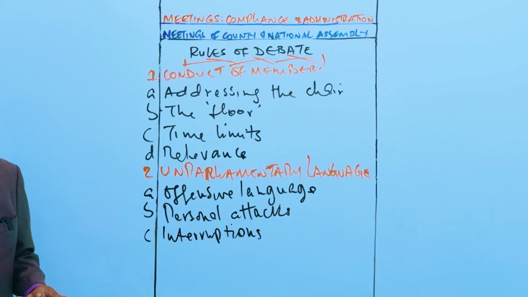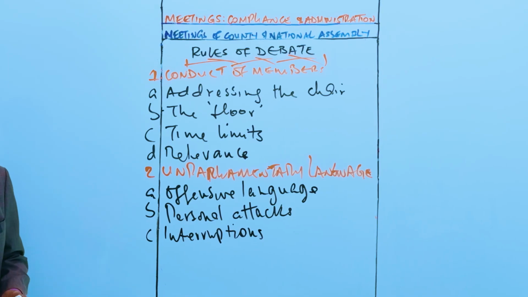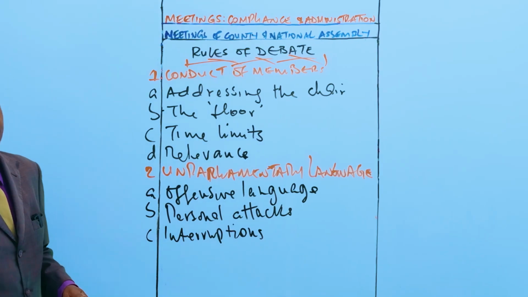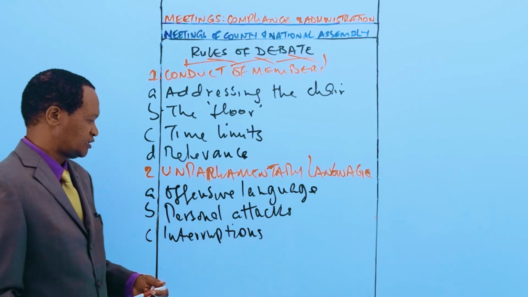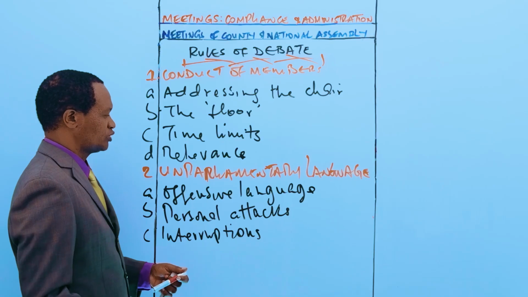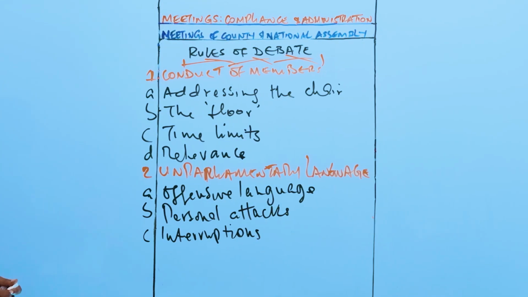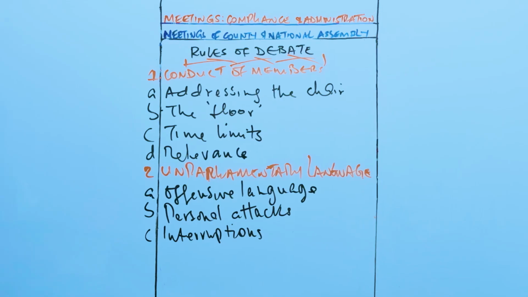A member who is speaking cannot be interrupted except by a point of order or a point of information if the Speaker permits. So when a member is speaking, the member ought not to be interrupted.